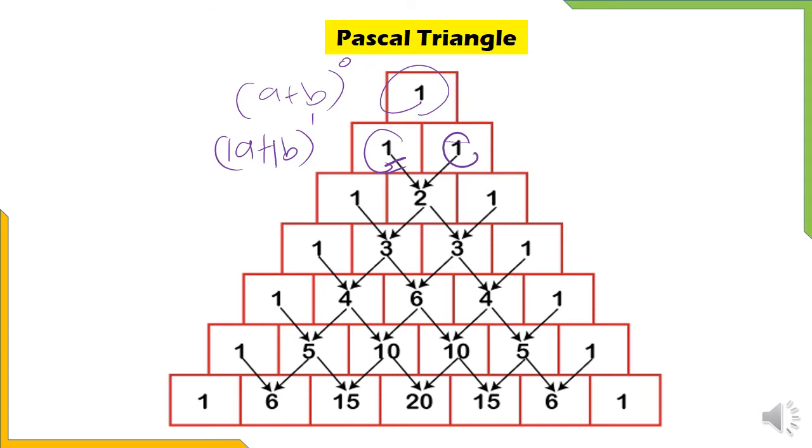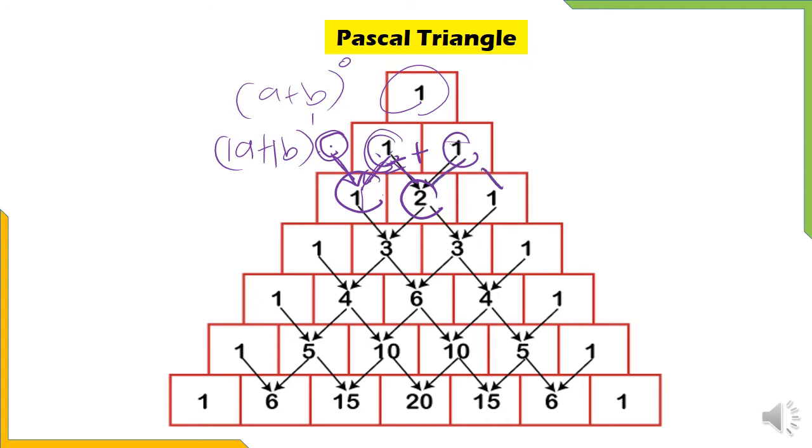And then the next step is 1, 2, 1. So we add up the left side and the right side of the value to get the next step. On this side we don't have any value, so we assume it's 0. The right is 1, so 1 plus 0 is 1. And then for the middle part, it is 1 plus 1. Why? We add up the left side number and the right side number.